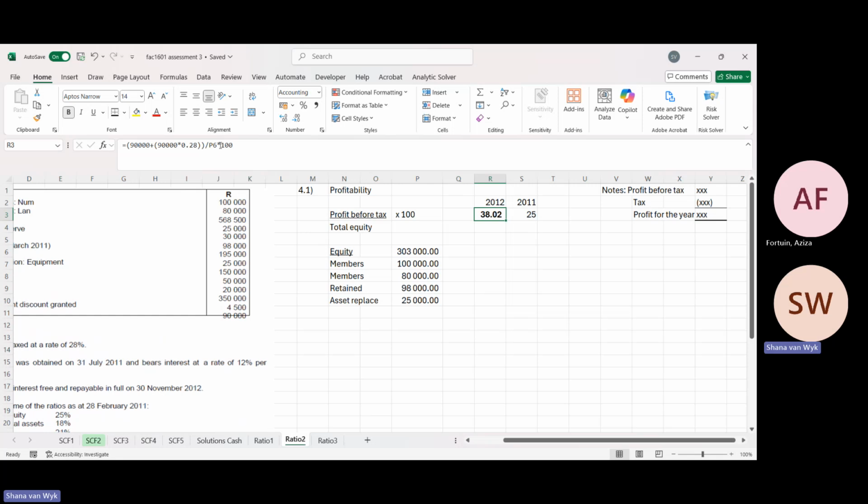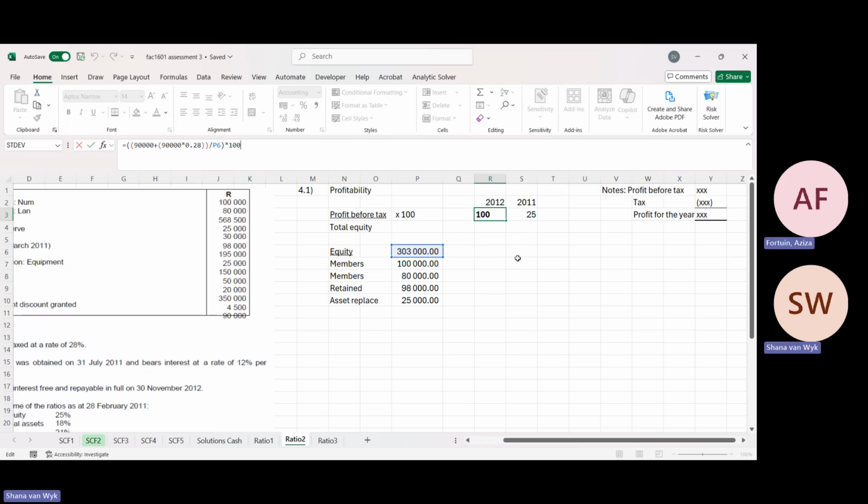No, no. Okay, wait. Profit for the year. So then we're going to add that tax to get profit before tax. 90,000 plus a rate of 28%. 90,000 times... something doesn't look right here.